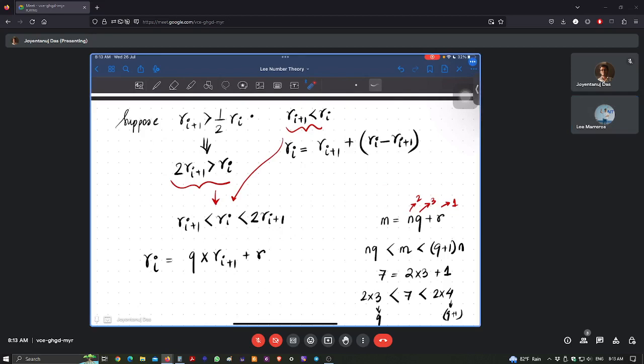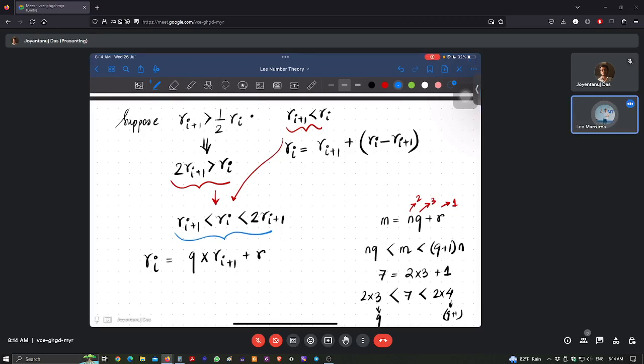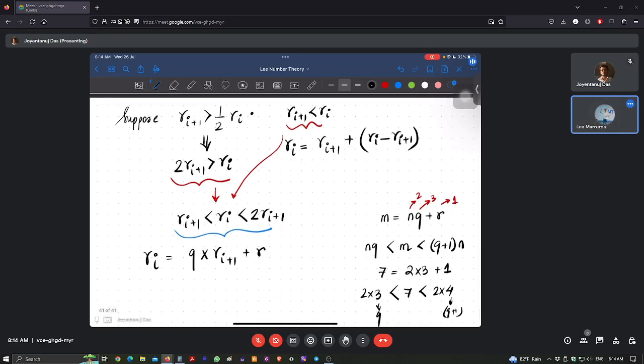Then what is the value of q? It follows from this inequality, right? So you're saying it should match that inequality, and that's how you derive q.